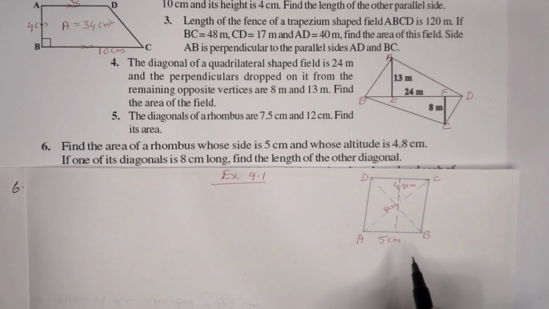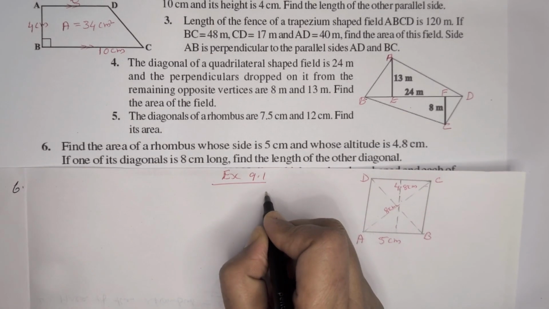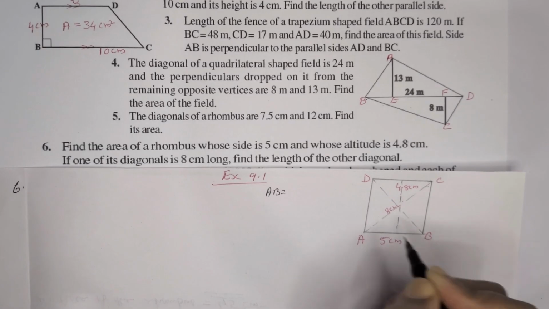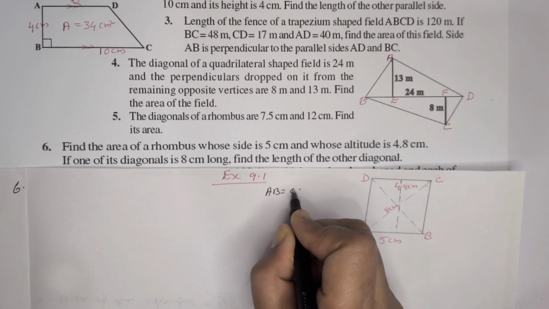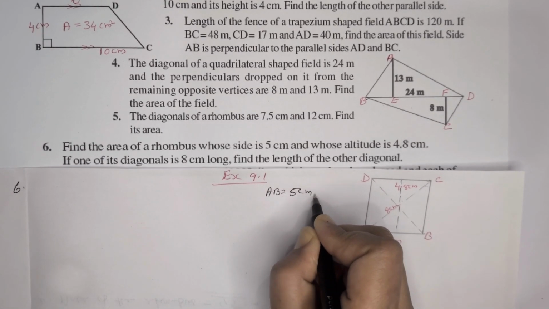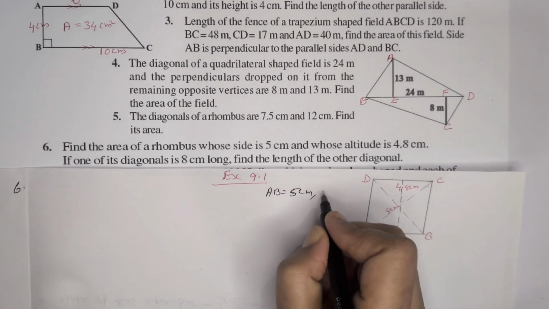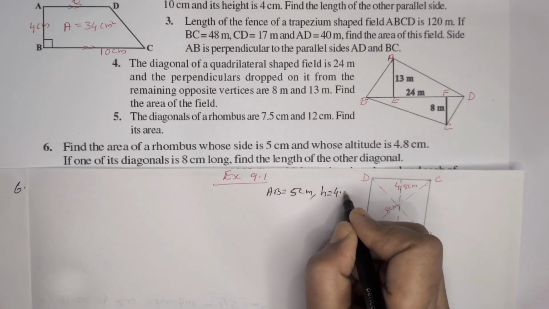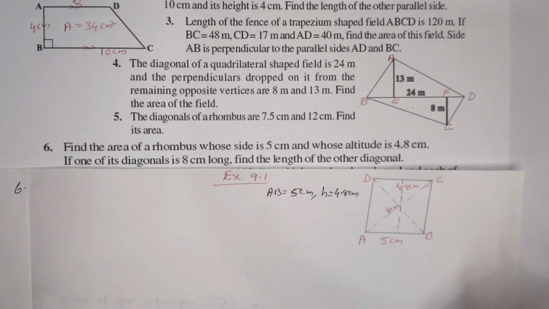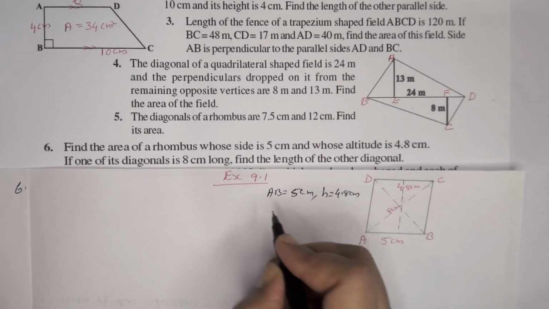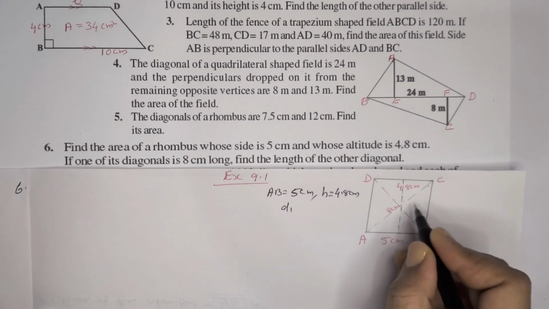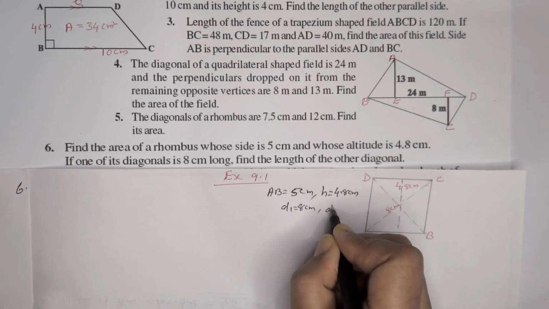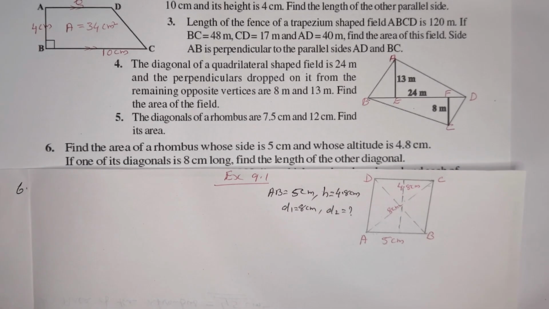So here it's given AB or one side, AB is equal to 5 centimeter. Height we can take that as 4.8 centimeter. Height is same as altitude, 4.8 centimeter, and D1 is 8 centimeter. We have to find D2.